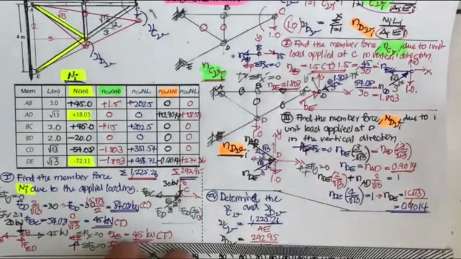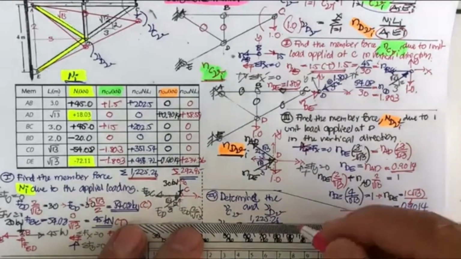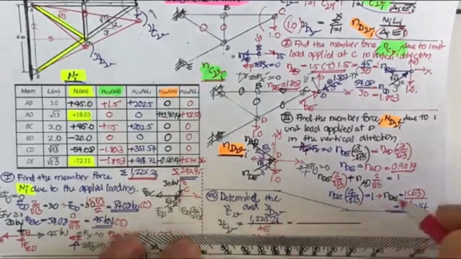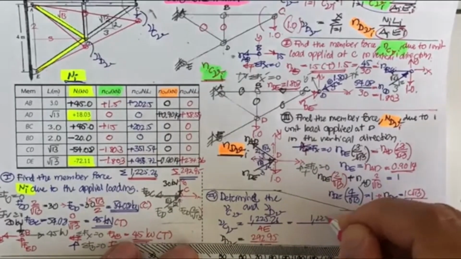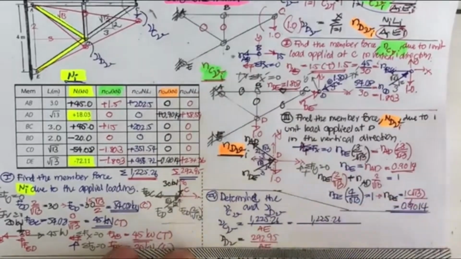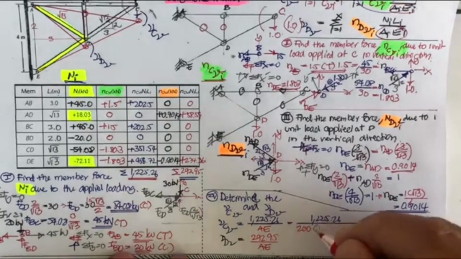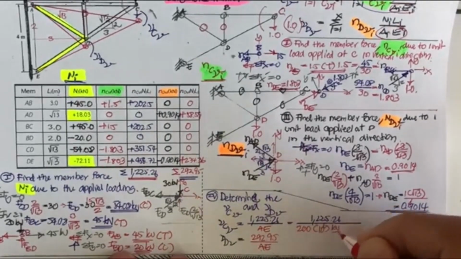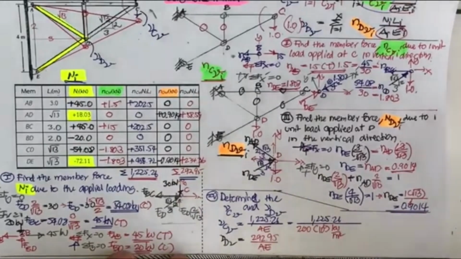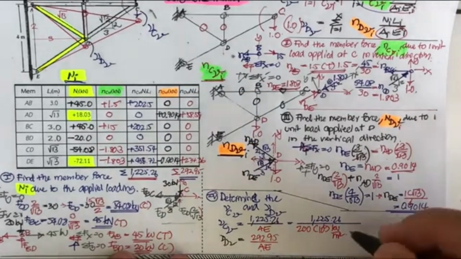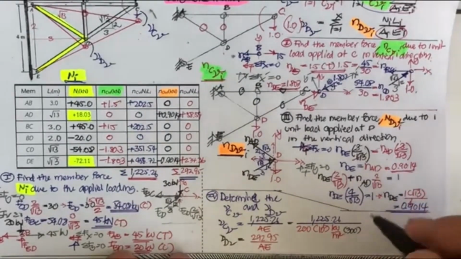And what we have is just put everything together. This one is going to be 1,225.26, and the E is going to be 200 gigapascal. So it's going to be 200 times 10 power 9, changed to 10 power 6 kilonewton per square meter, and A is 300 square millimeter, so times 300 square millimeter changed to square meter.